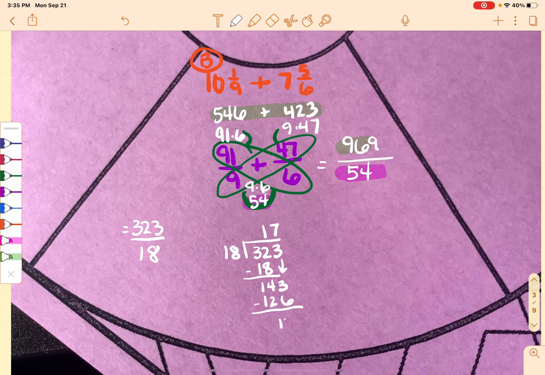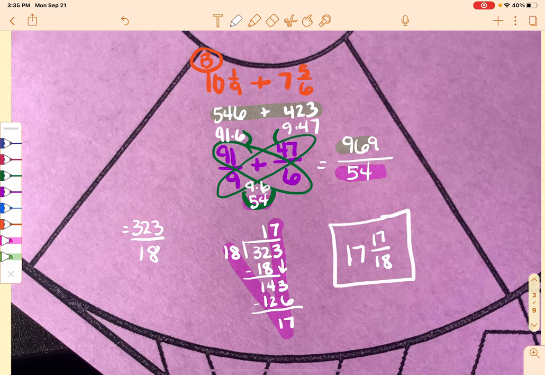Which means I have 17 left over. So when I put my fraction together, it's going to be 17 and 17 over 18. Okay, that's B. We've got 2 more left. Okay, let's go to the next one.